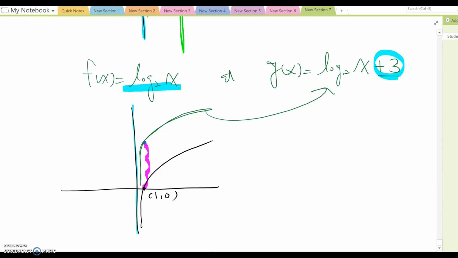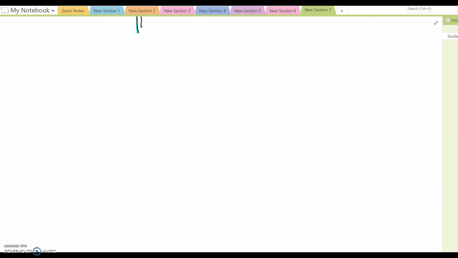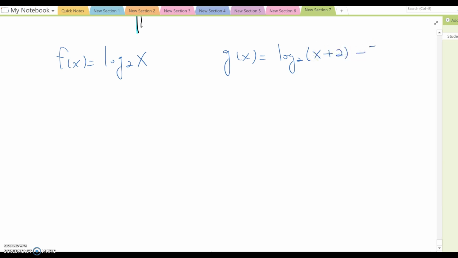Okay, then what about if we mix them up together? Such as f(x) = log base 2 of x and g(x) = log base 2 of (x + 2) minus 5, like that. Okay, then now we have to think about right, left, and up and down together.